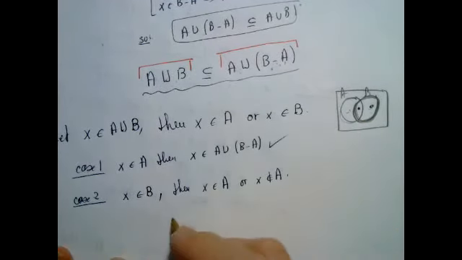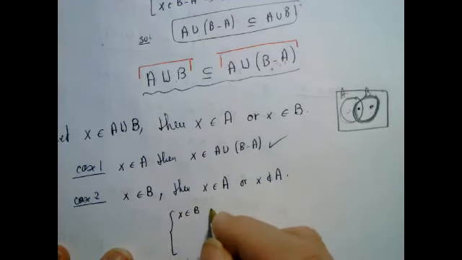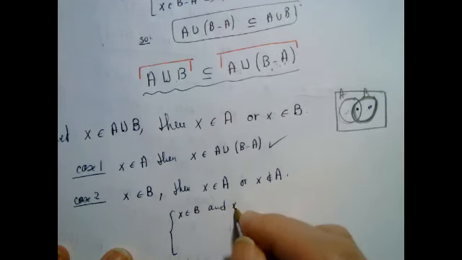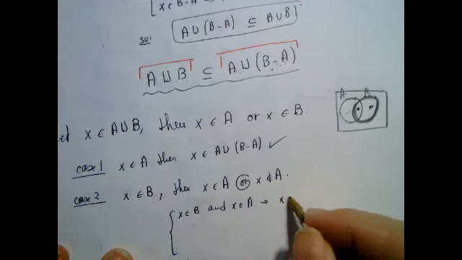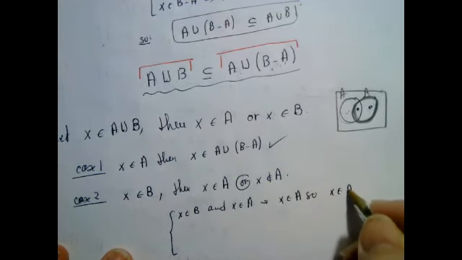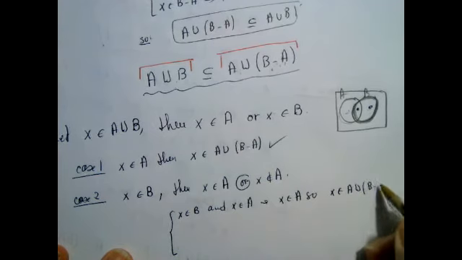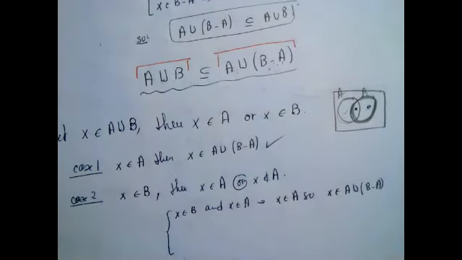Now I take two further cases. If it's in B and in A, so now because I have my or, then X is in A. So, as you guys said, it's in A union B minus A. So I split my cases in two to be very clear that I cover all possible cases.